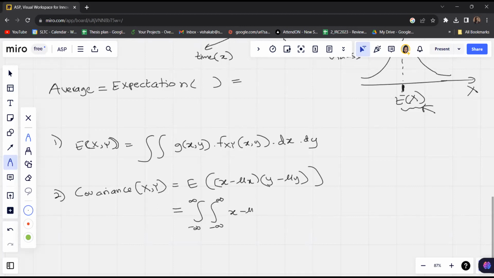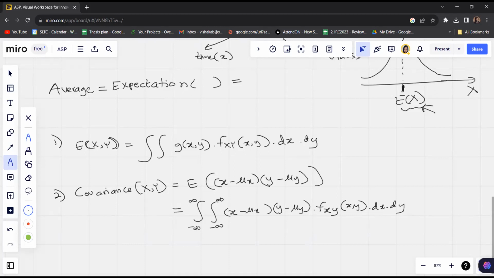So the integration will look like this: x minus mu x, y minus mu y, and then I take the product with the joint PDF function, and then I take the integration like this.